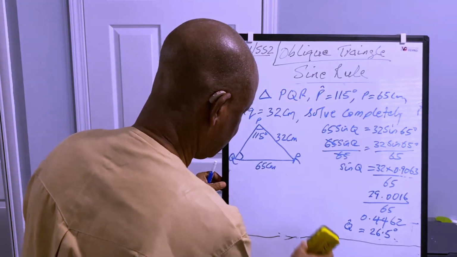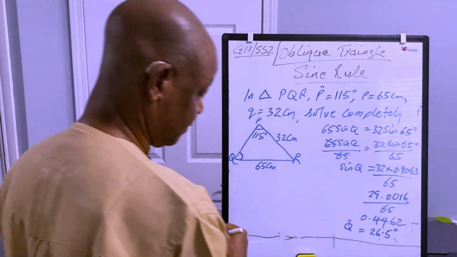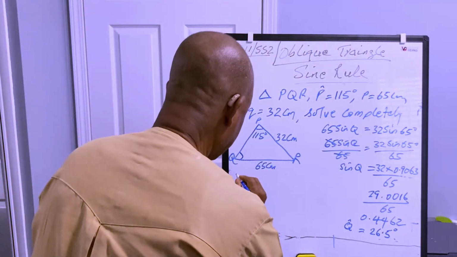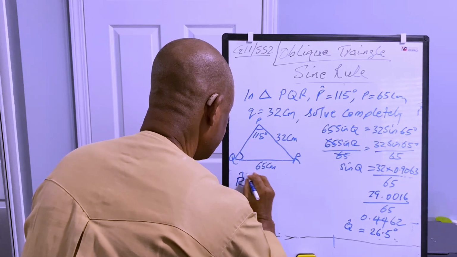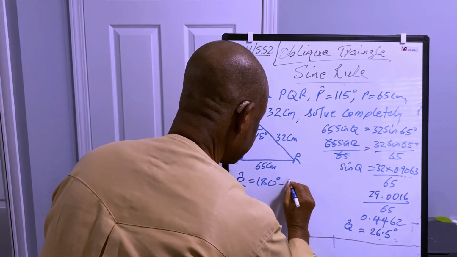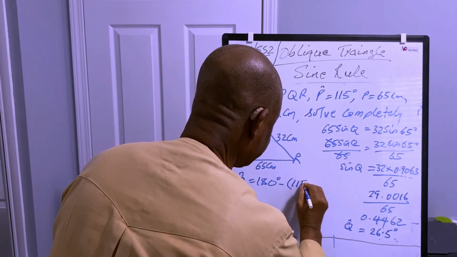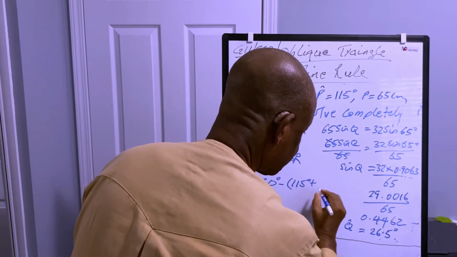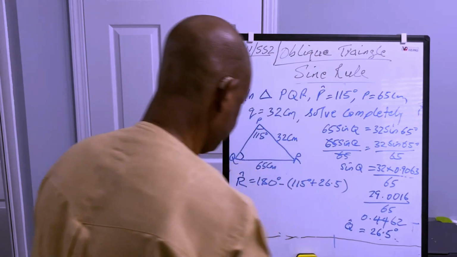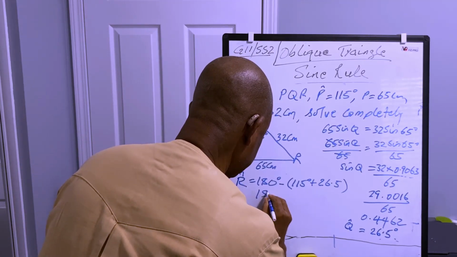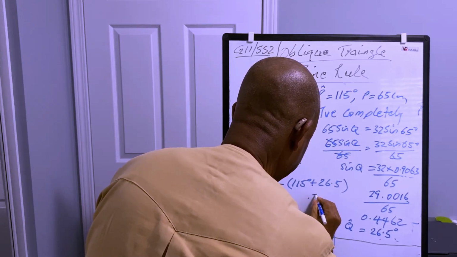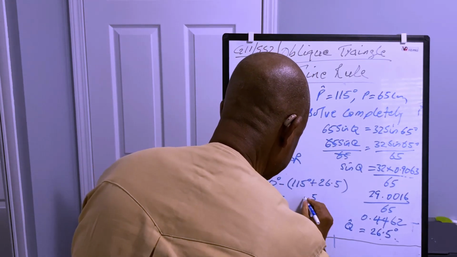And what do we do? We have already got two angles. We have got this and we are given this. We now say angle R is equal to 180 degrees minus 115 degrees plus 26.5 degrees. That will give us 180 minus the sum of this. 5 plus 6 is 11.